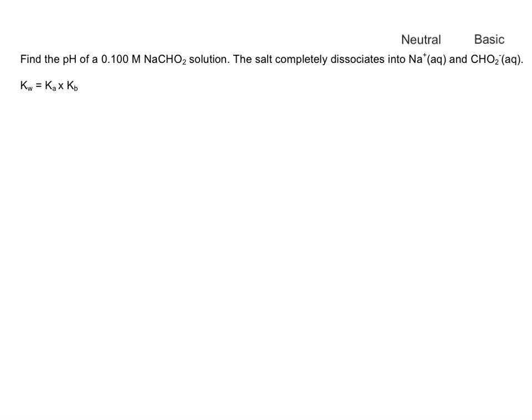As a refresher, Kw is 1 times 10 to the minus 14th. Ka for formic acid is 1.8 times 10 to the minus 4. You can find that in your book, there's some on the table on page 705, and there's also some in the appendix. And it's going to be that times Kb. So if we solve for Kb, we get 5.56 times 10 to the minus 11th. So that's a pretty small number.